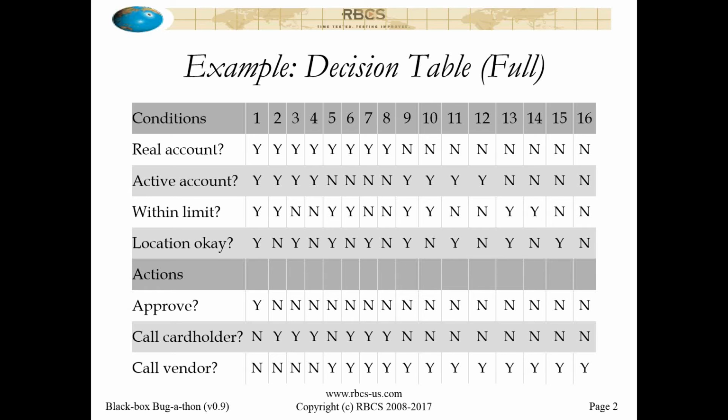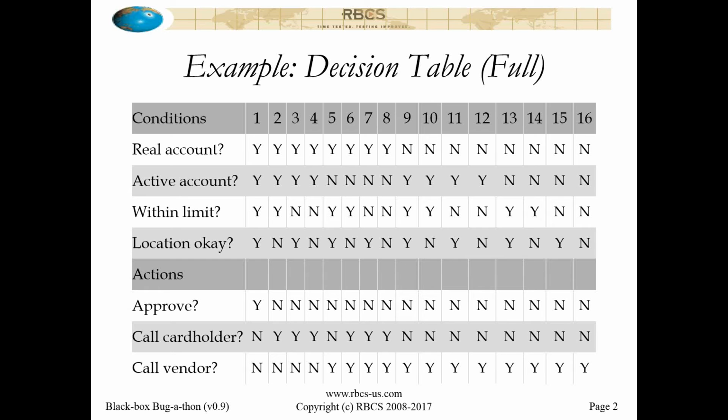And then the top portion of the table contains every possible combination of conditions. So we have 4 conditions, each of which has 2 possible values. So 2 times 2 times 2 times 2, 2 to the 4th power, 16. There are 16 columns in the table, and you see they have a nice predictable pattern to them.